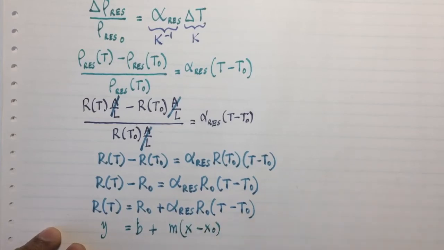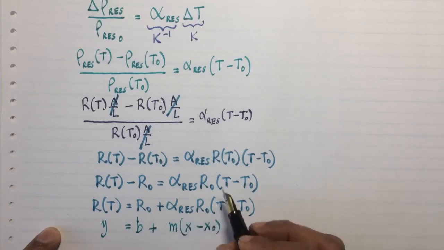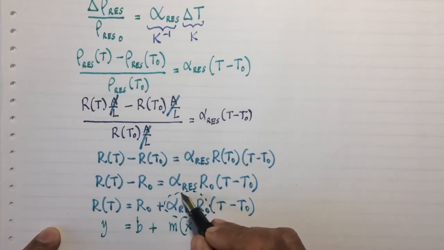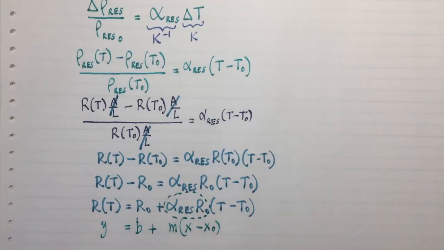That's really what you're plotting from an algebraic perspective, where X is equal to T, Y is equal to the resistance, the Y-intercept would be the reference value of the resistance, and the slope gives you this quantity alpha res times R naught. So it's very important to find alpha res to also divide by R naught in order to find alpha res all by itself. And that's one of the purposes of the lab.